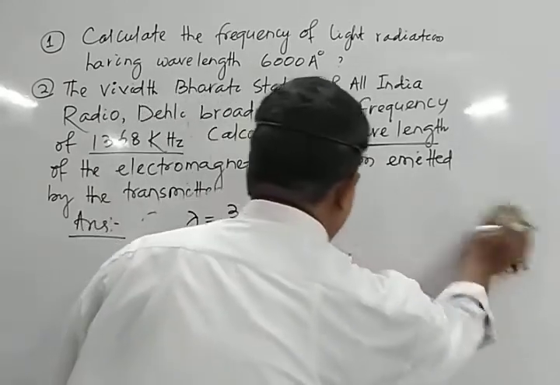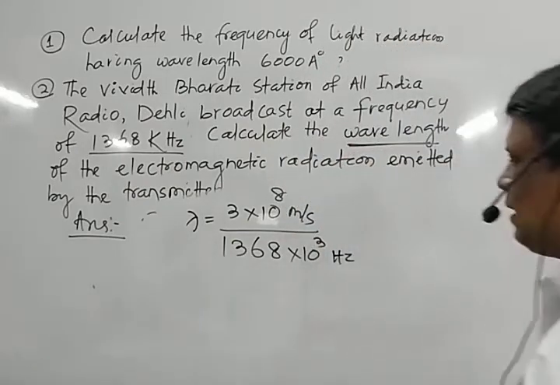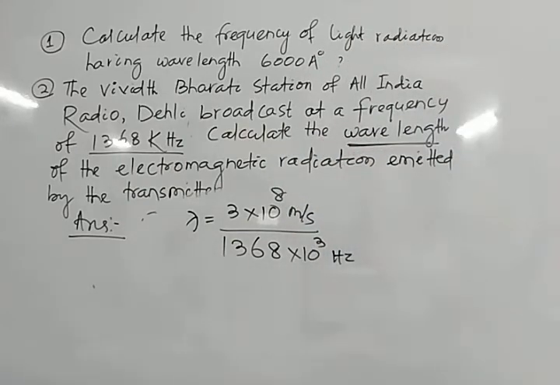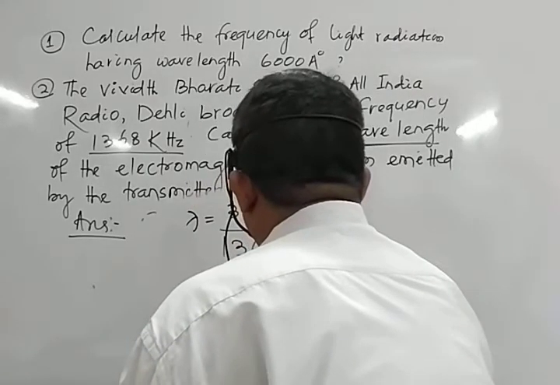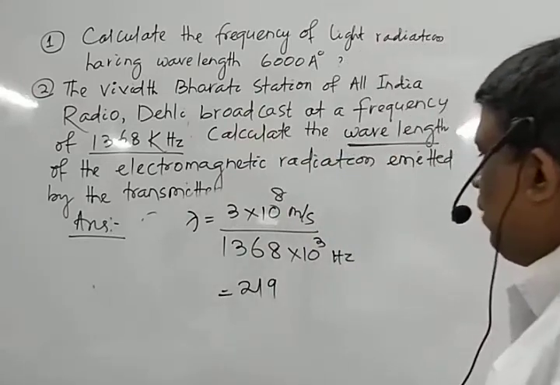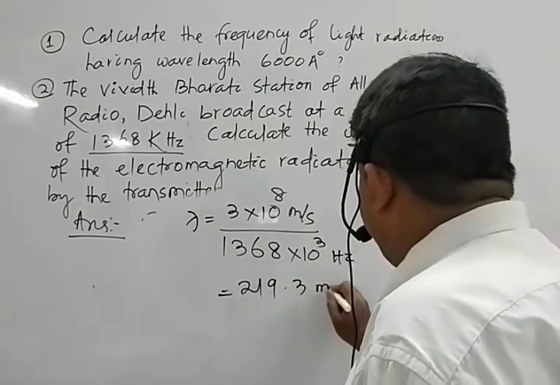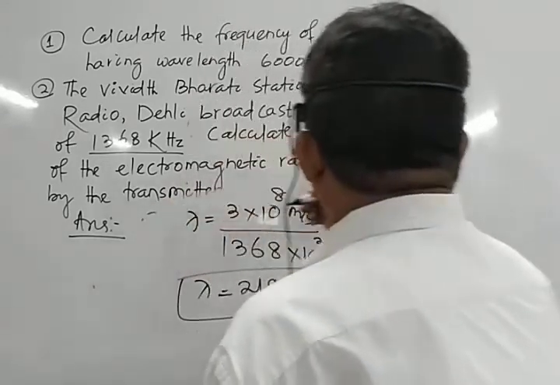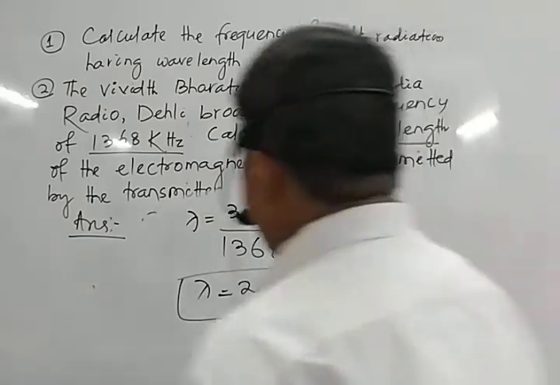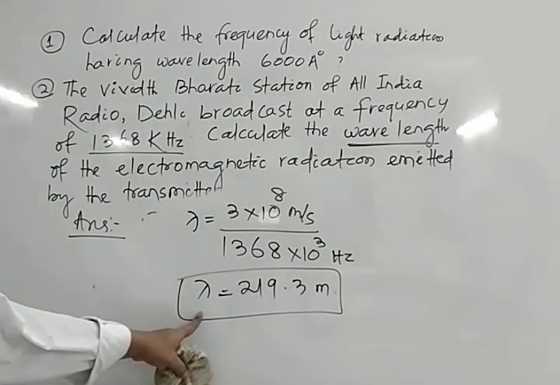Dividing, the approximate value is 219.3 meter. It is the wavelength of the electromagnetic radiation emitted by the transmitter. So it is the answer.